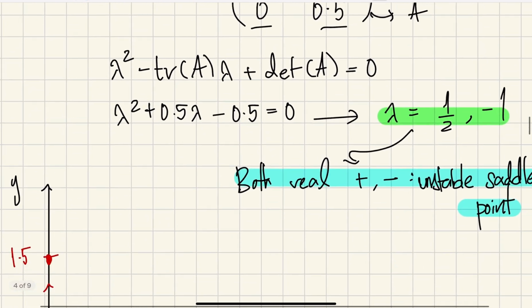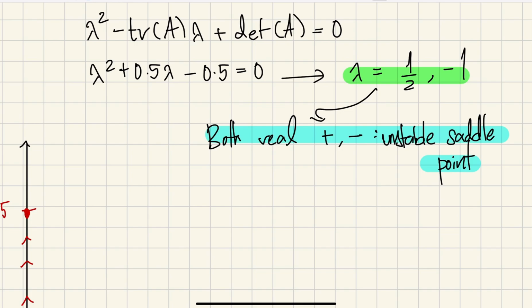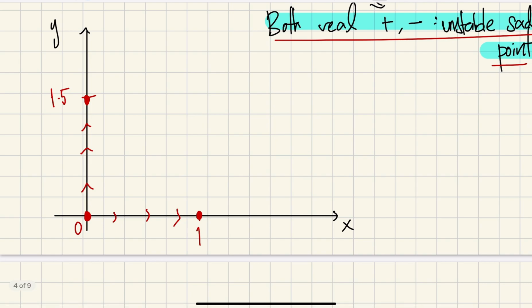Our 1, 0, we said, is an unstable saddle point. So which means if it's got stuff coming in from here, it's got stuff coming in from here, and stuff going out from this side.